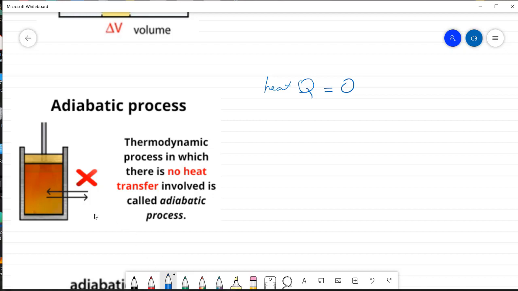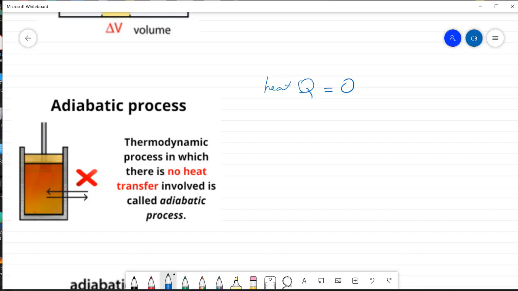This can be accomplished either by surrounding the system with an excellent heat insulator, or by performing the thermodynamic process quickly, meaning the time interval between the initial and final equilibrium state is very short, thus allowing no heat to flow.